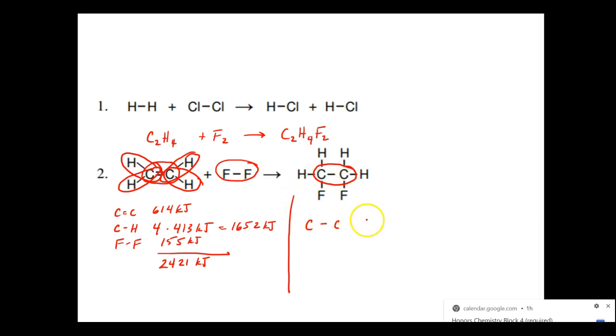And that bond is going to release 348 kilojoules of energy. Then I have a carbon-hydrogen bond, and I recognize that I actually don't just have one of those. I have, in fact, again like last time, 4 of those bonds. And so that means 4 times 413 kilojoules of energy is released.